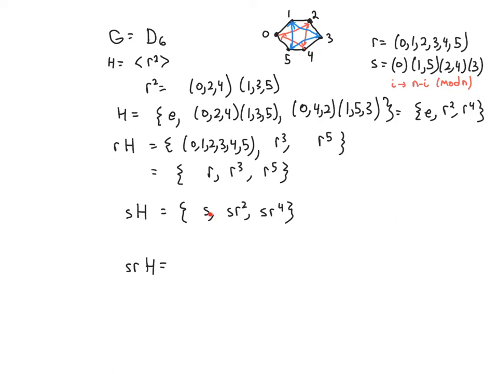Well, looks like I'm looking at elements of the form S times powers of R here, and one I don't see yet is SR. In this coset, or that coset. So I know that it appears in some coset, so I can look at it being an element in this coset.